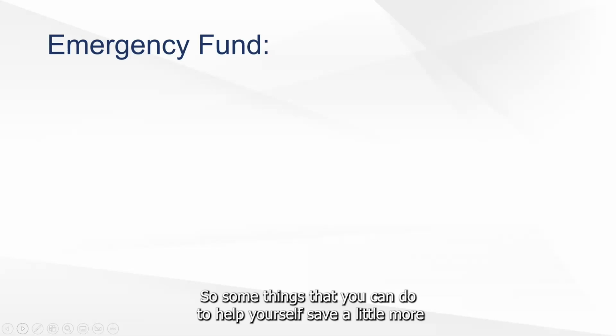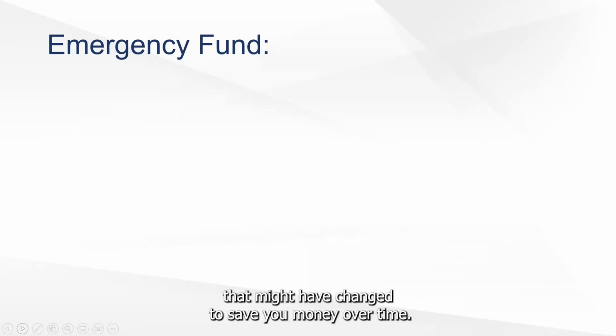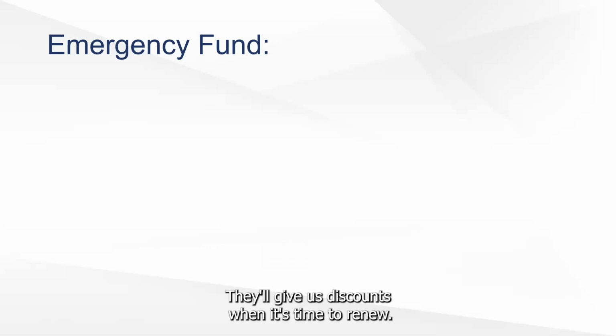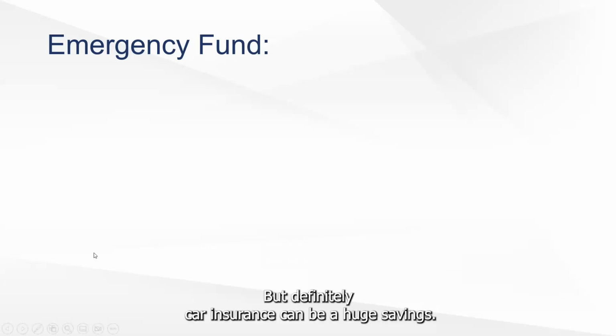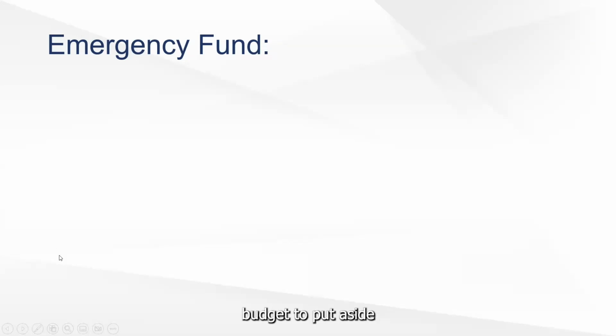So some things that you can do to help yourself save a little more is maybe set a calendar reminder every year to go over some of those rates that might have changed to save you money over time. We look for service providers like our TV cable providers. They'll give us discounts when it's time to renew, but definitely car insurance can be a huge savings. So definitely look at that to make sure that you have more in your budget to put aside towards your savings plan.